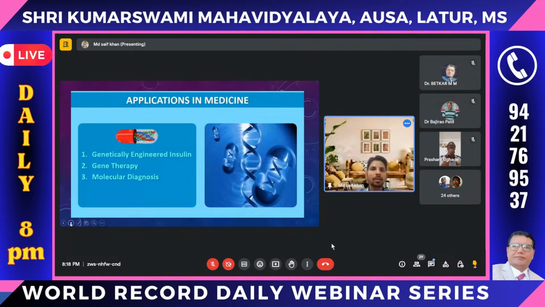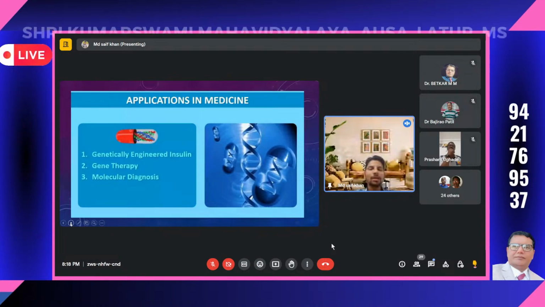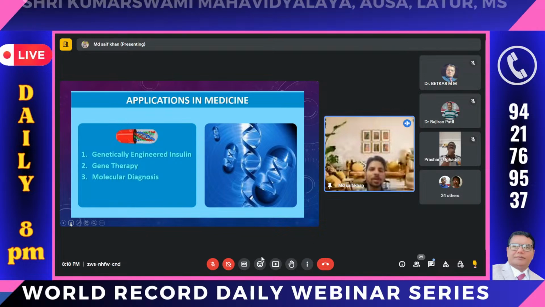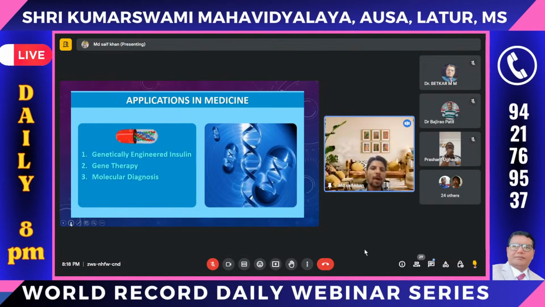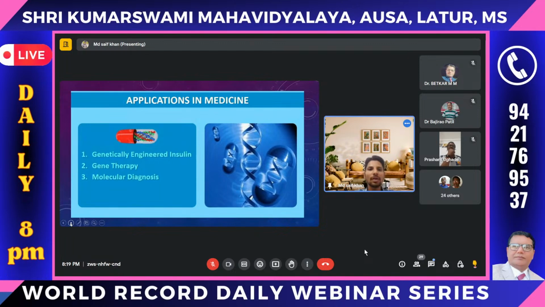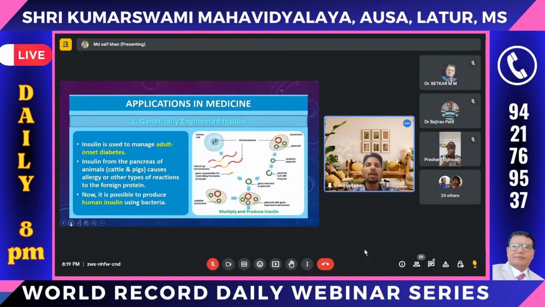Another application, there are different fields of this biotechnology. Genetically engineered insulin is one of the examples. Gene therapy is another technique which is used in the field of biotechnology. Molecular diagnosis is another example of application of biotechnology in the field of medicine. First is insulin.